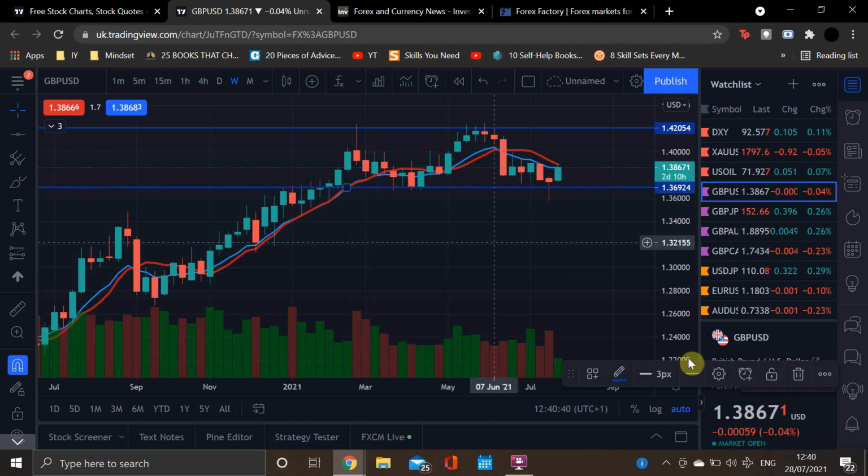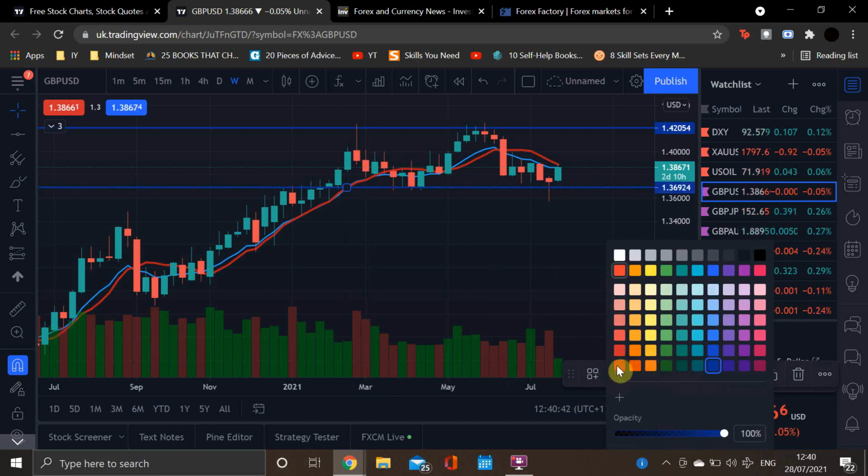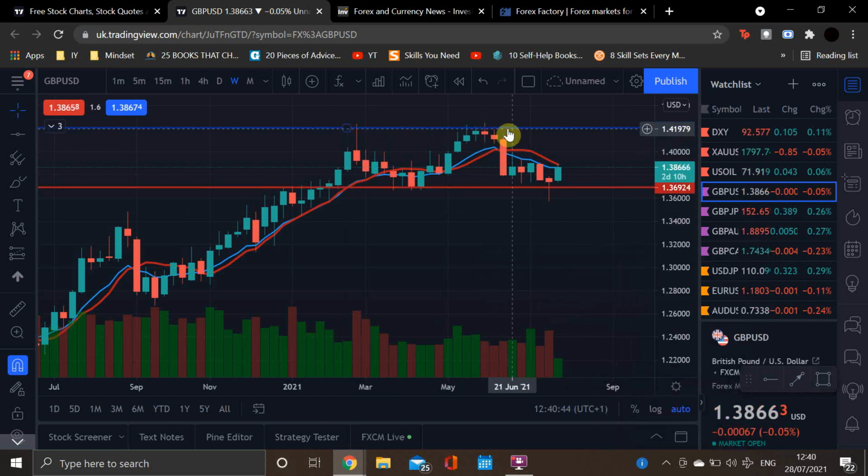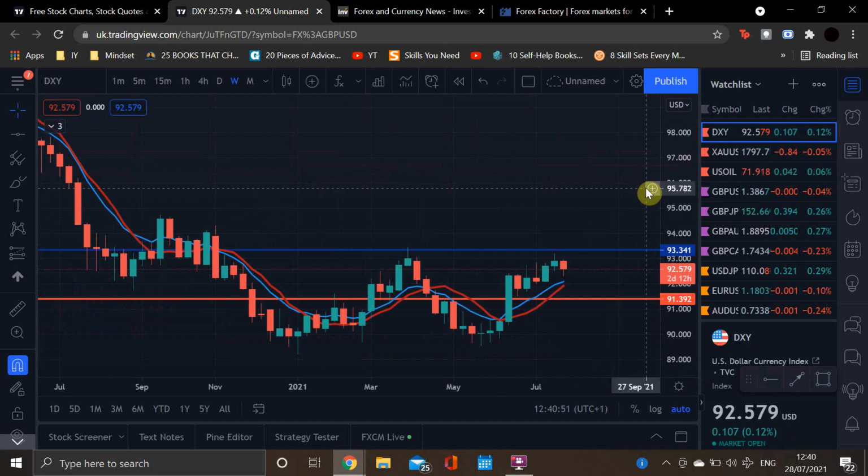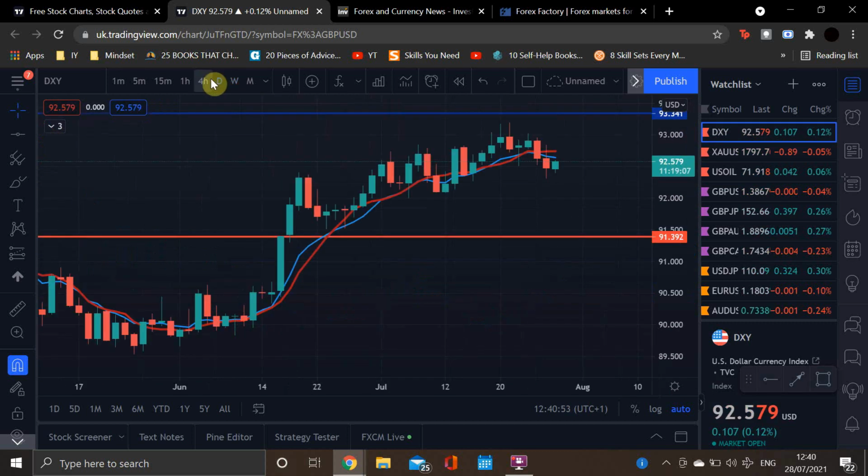What I'll do, I'll mark that red, and then I'll mark this one here blue. So that's the weekly. Maybe I should do the same thing on DXY. Okay, DXY I've already done that one, which is good, so I don't need to redo it, thank God.